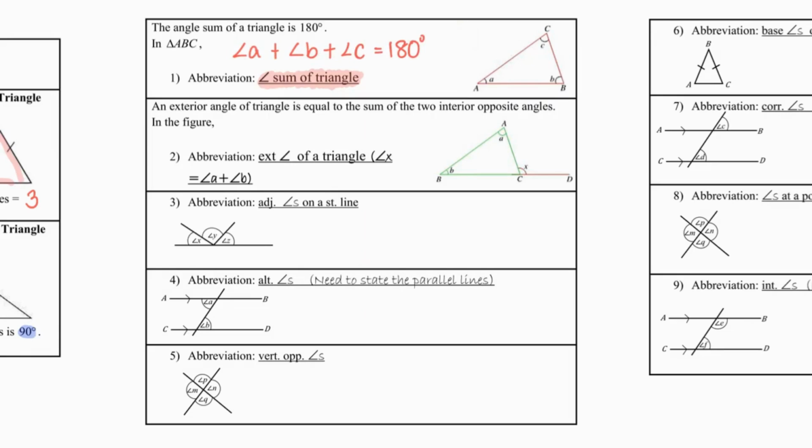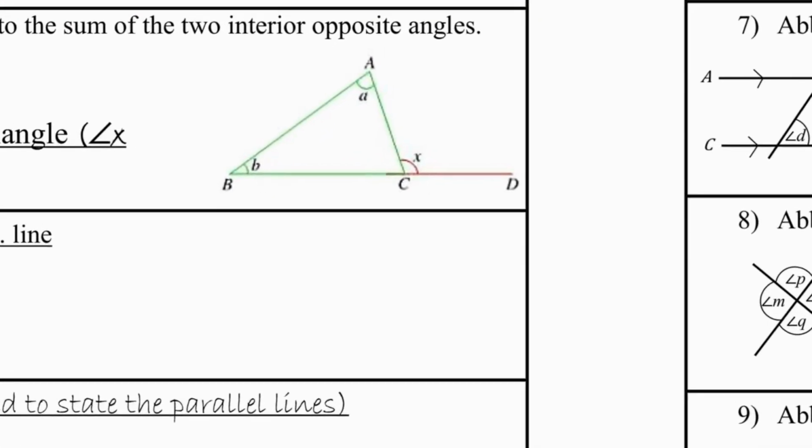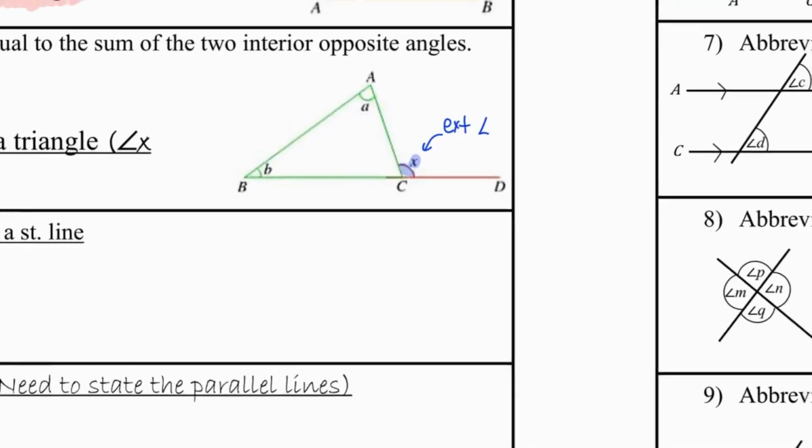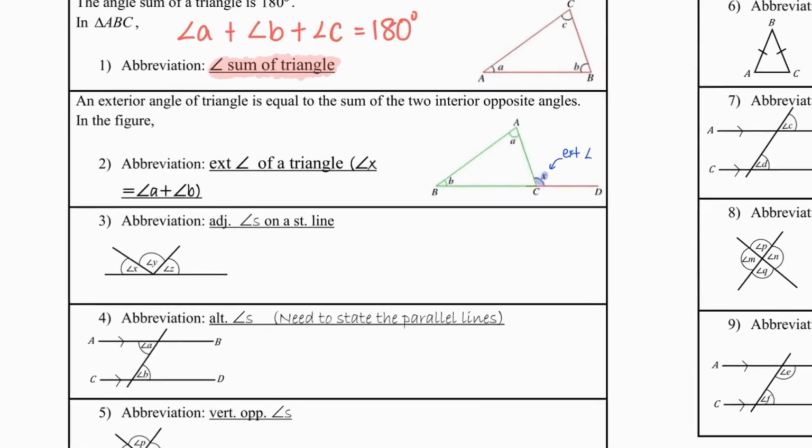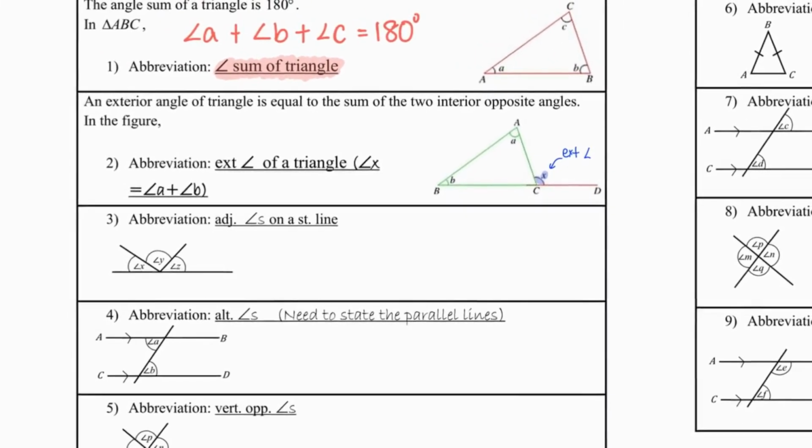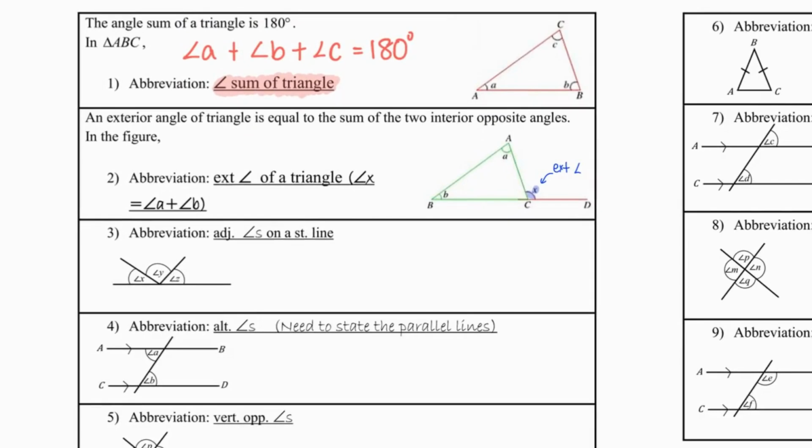In an exterior angle, which one is my exterior angle? In this case, it will be my X. This is my exterior angle. It's actually equal to the sum of the interior opposite angles. What does this mean?